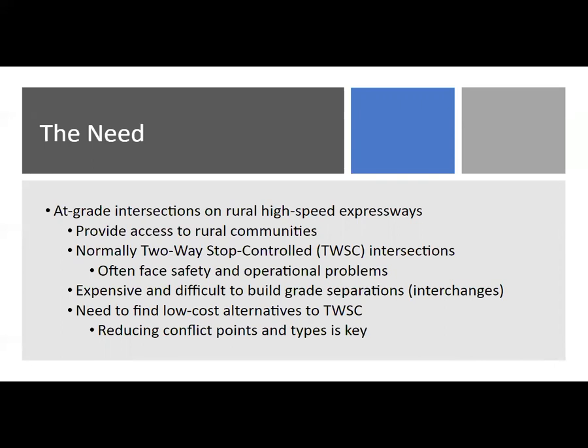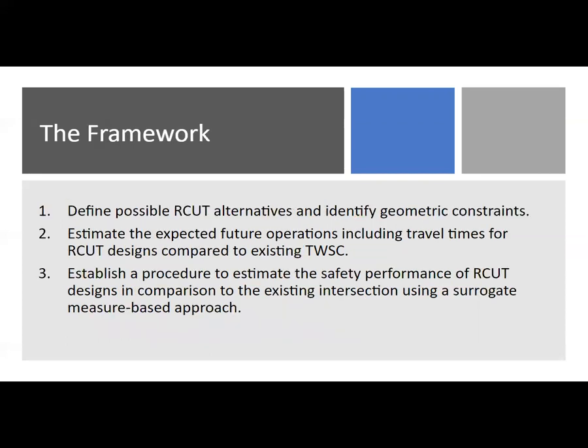There are a lot of big costs involved in that. Maybe there is not enough traffic to justify a fully grade separated interchange. So a lot of issues that we run into if we try to implement that. So we need some sort of low cost alternative to two-way stop control intersection rather than just trying to shut everything down. Okay, so that's what we're trying to do with this work.